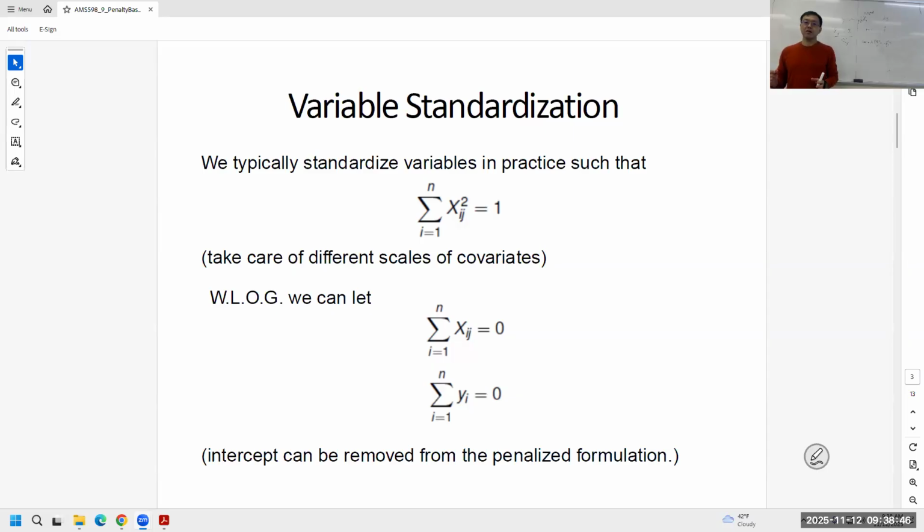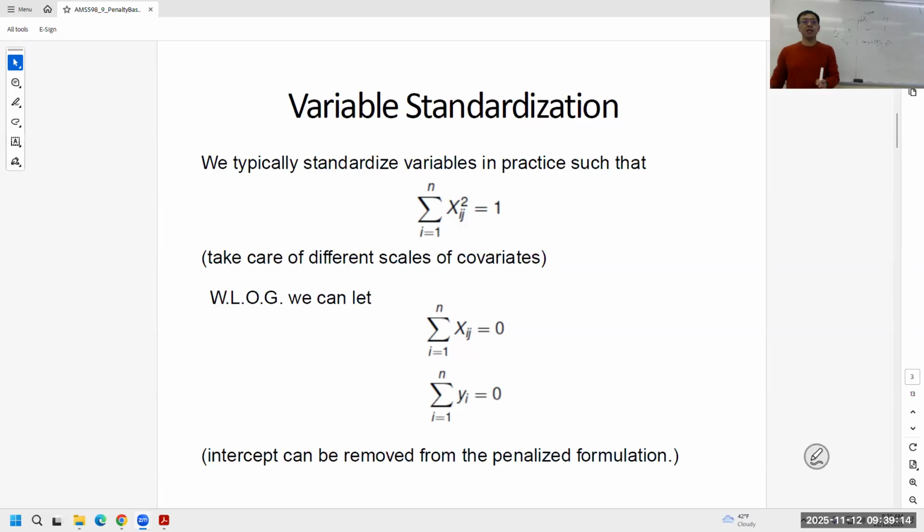The main purpose is, first, to make your coefficient scale free. If you do a standardization, it doesn't matter whether you use kilogram or gram with a different unit, because eventually we standardize it to the same scale. Second, it makes the coefficients of different variables comparable.